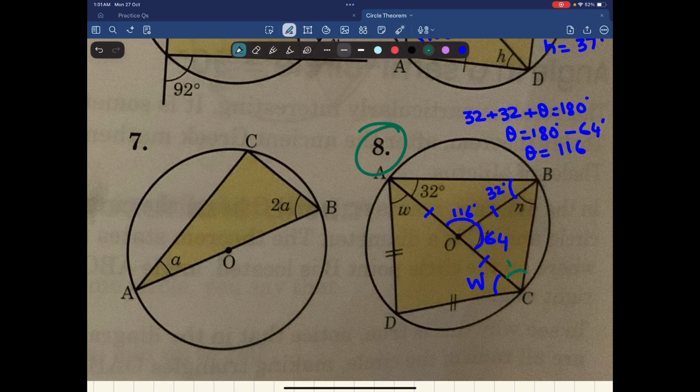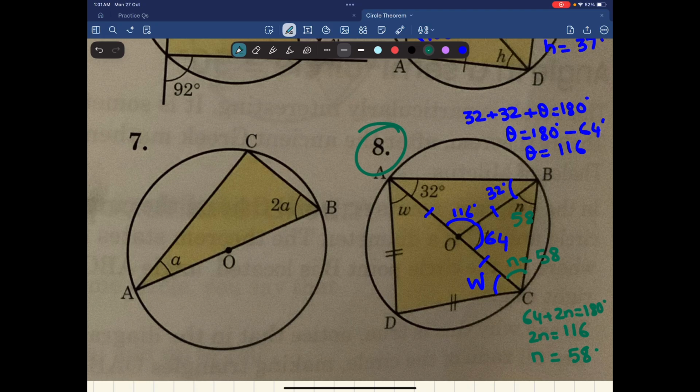So basically 64 plus 2n should be equal to 180. 2n is equal to 180 minus 64, which gives 116. So n is going to be 58 degrees. Okay, 58. So n is equal to 58 degrees.